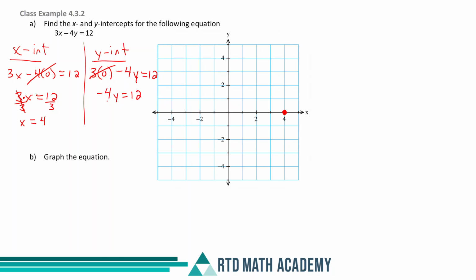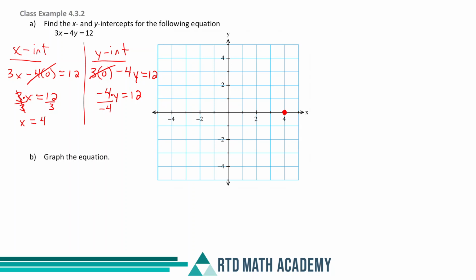Now, I need to get rid of this negative 4 to get y on its own. A mistake I've seen students make quite a bit here is to add 4. But that's not right, because if you think about it, we really have negative 4 times y, so we need to do the opposite of what's being done. We need to divide by negative 4.